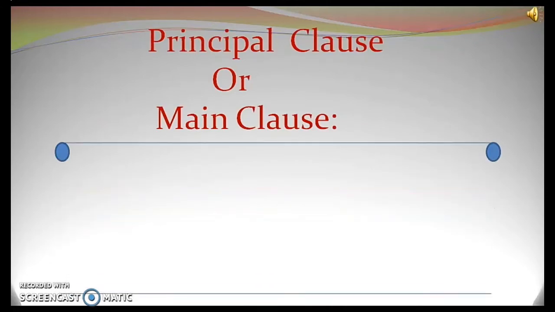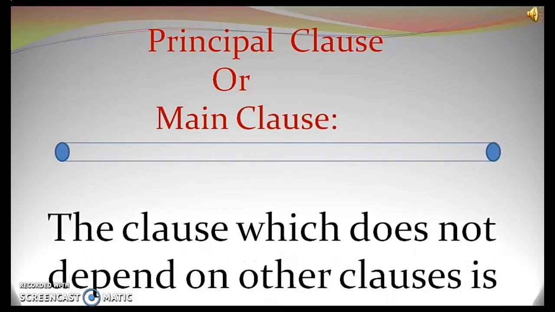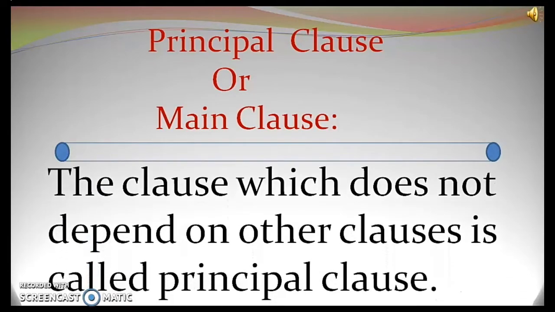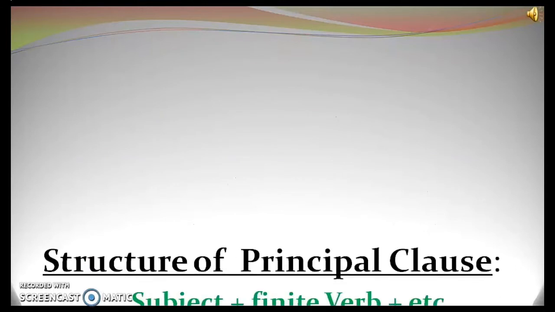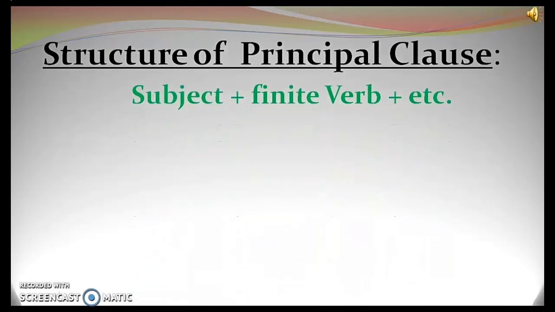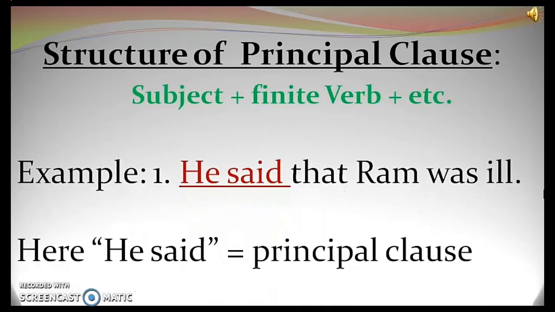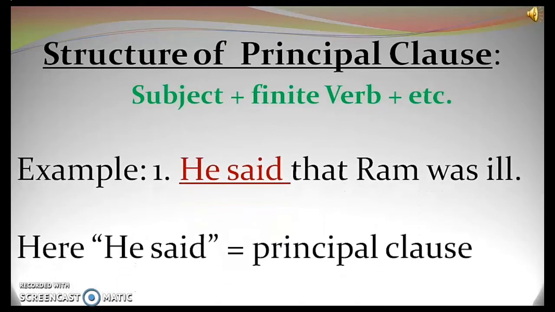Principal clause or main clause. The clause which does not depend on other clauses is called principal clause. Structure of principal clause: subject plus finite verb plus etc. Example: he said that Ram was ill.